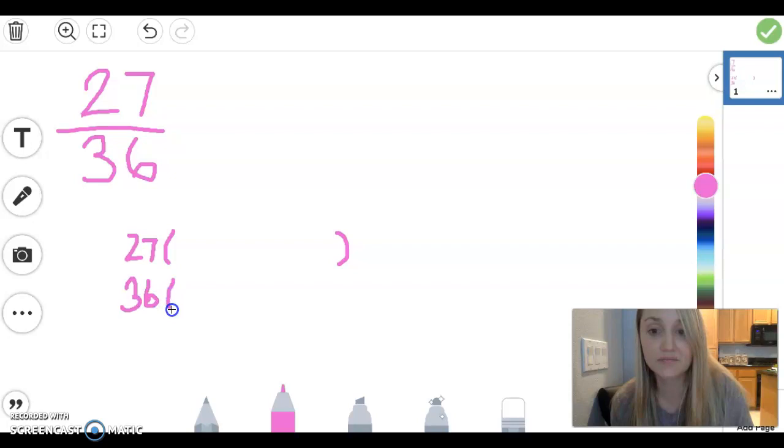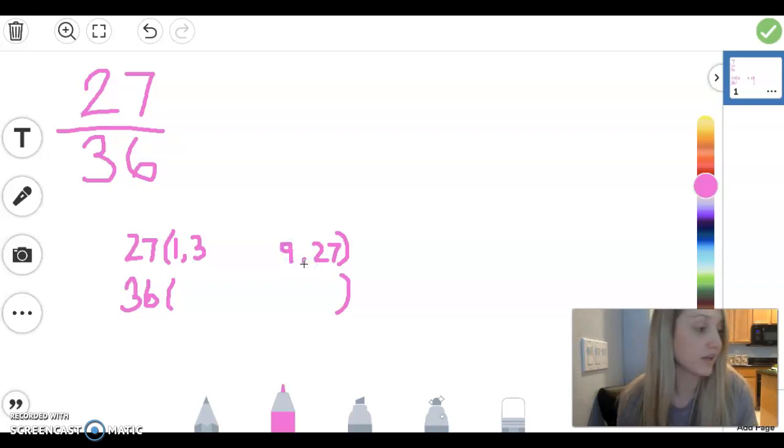If you remember when we did the factoring with the rainbow, we'd have 1, 27, 3, 9. And then here we would have 1, 36. We'd have 2 and 18.